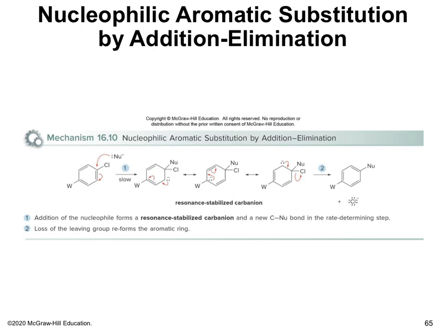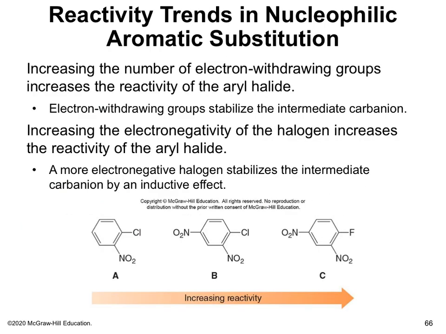And so they're showing you how you get NAS to occur. The nucleophile has to add, and that's addition. And then you have to get an elimination. You see how this is eliminating? So you have addition, the nucleophile adds, and then you have elimination.